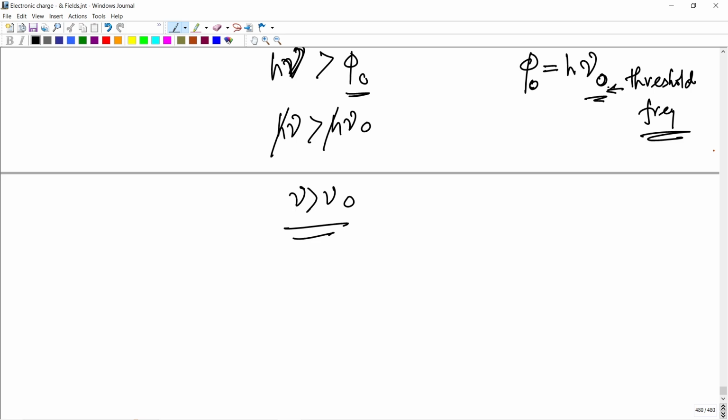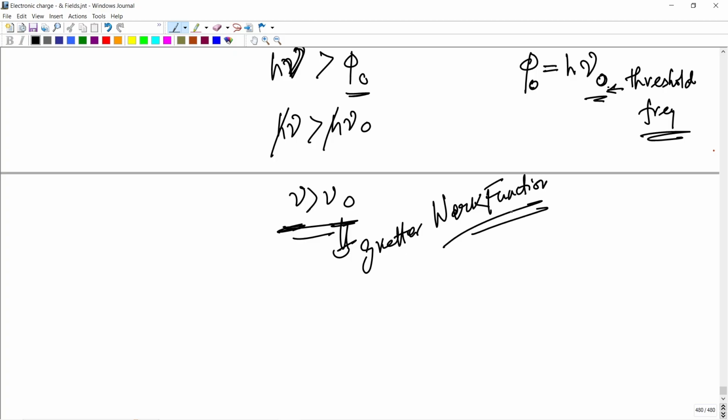So when we try the photoelectric effect, we get a photocurrent. The frequency of the UV rays must be greater than the threshold frequency. If the work function is greater, we need a higher minimum threshold frequency.